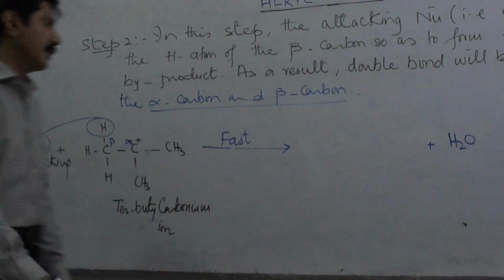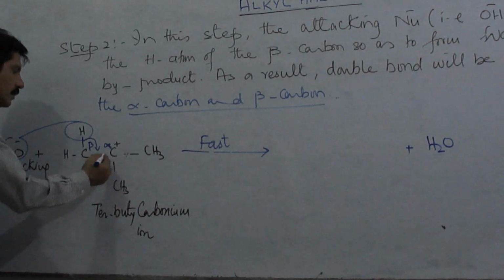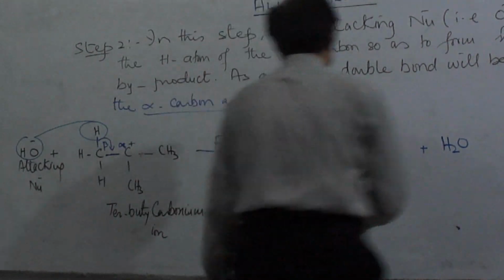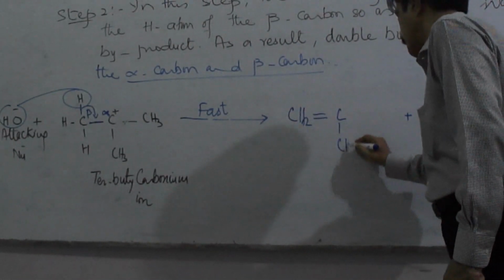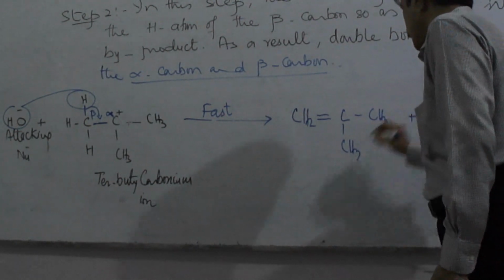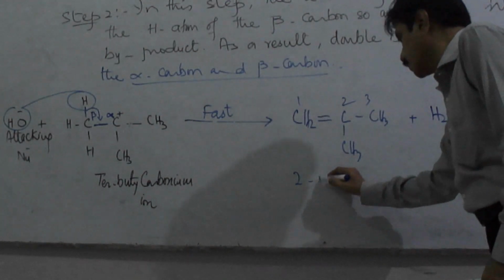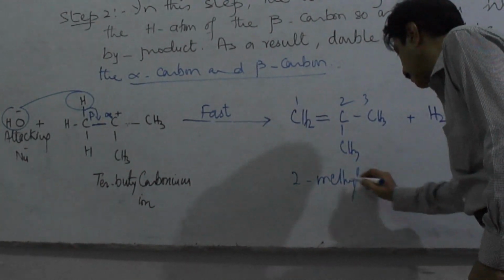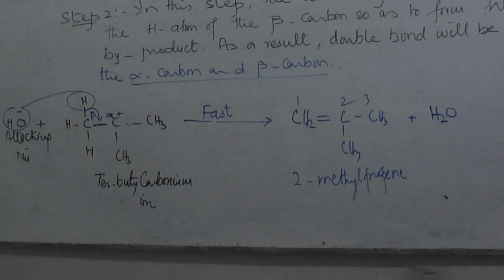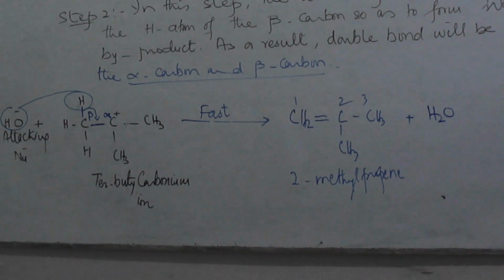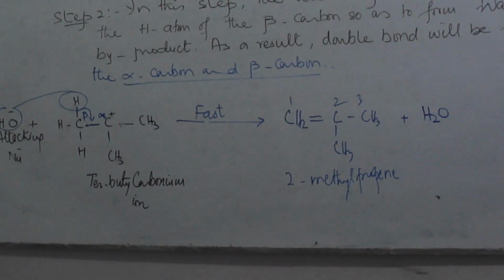Water will be produced as a byproduct, and this bond between alpha and beta carbon makes a double bond: CH2 double bond C, single bond CH3, single bond CH3. If I name this compound, it is 2-methylpropene, which is the elimination product. In this way, the unimolecular elimination reactions of alkyl halides take place.